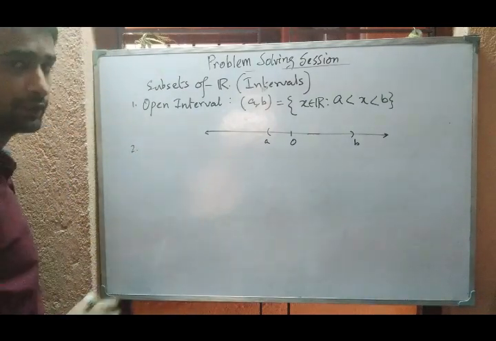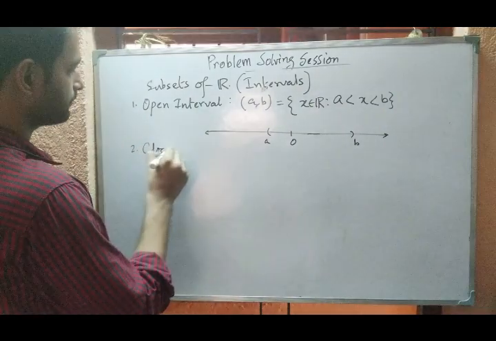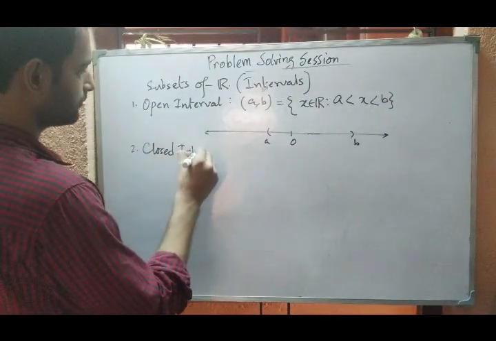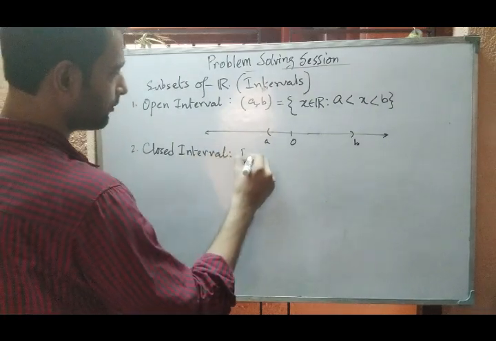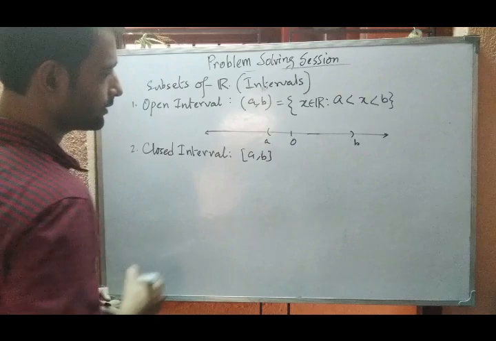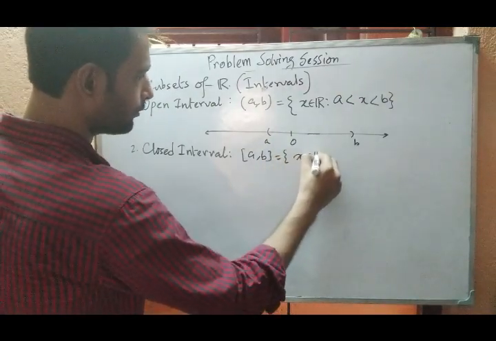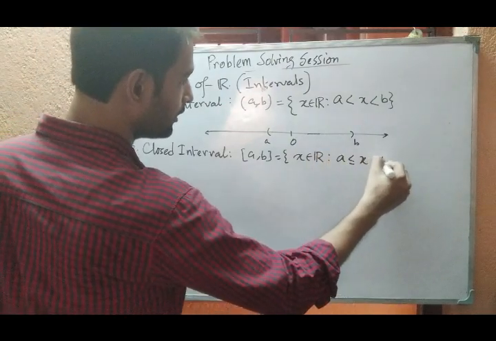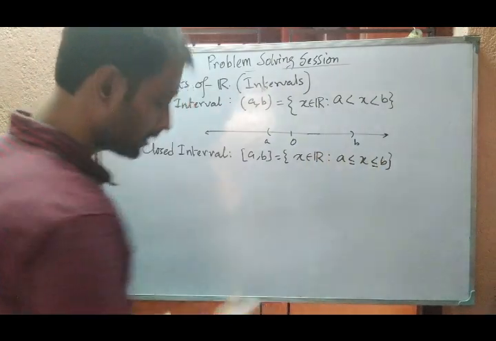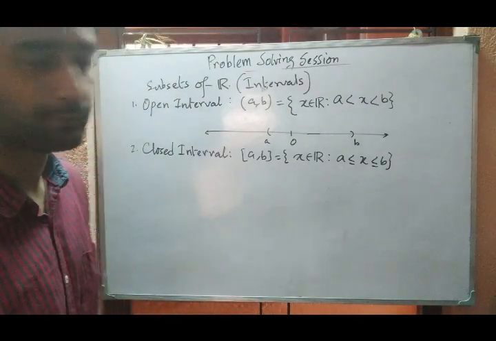Number 2 is the closed interval. It is denoted by square brackets, and it is defined to be the collection of all real numbers which are between a and b, but in this case it will be less than or equal to, meaning a and b will also be included in the set.